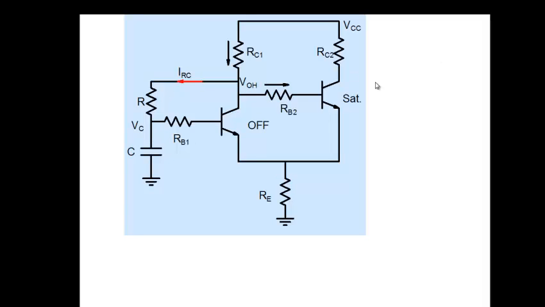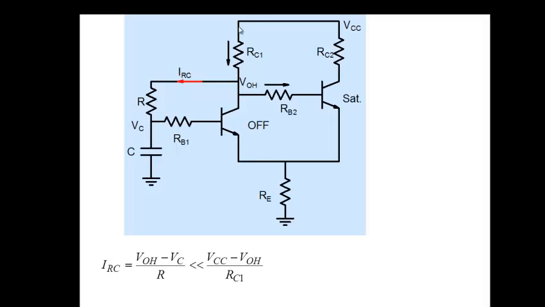Now, if you want to avoid loading, you have to make sure that this current is much smaller than the normal current that you have. The current that flows into the RC is VOH minus the capacitor voltage divided by R. You want to make sure that this current is much smaller than the normal current which is flowing here.